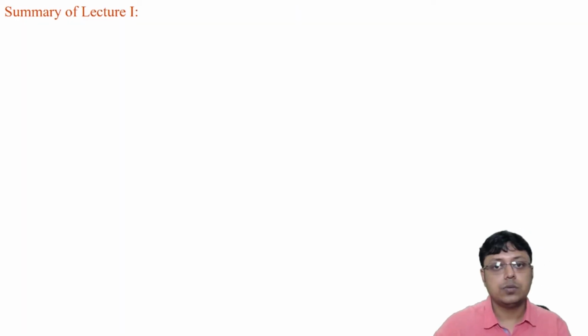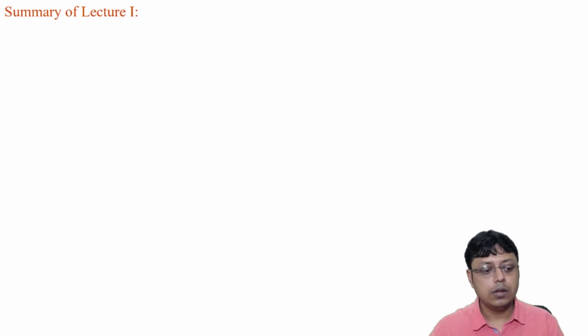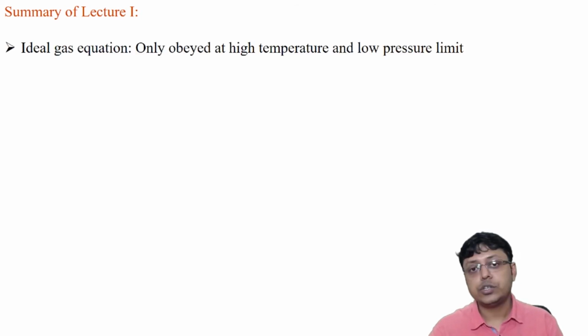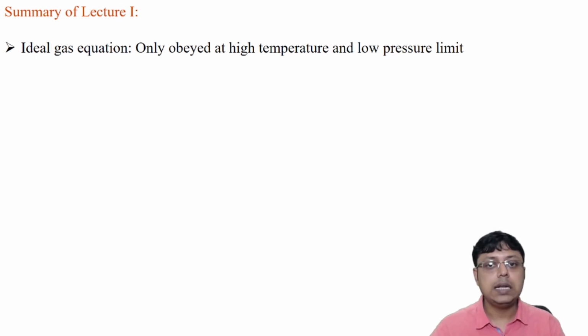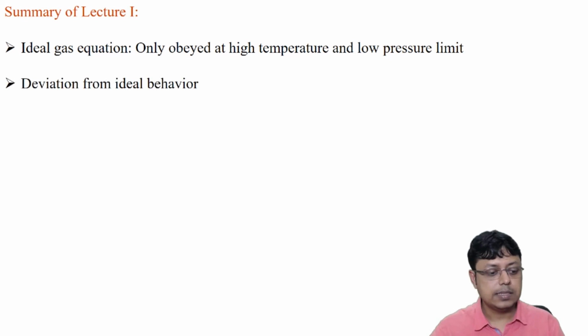So let me summarize what we discussed so far. We started with a discussion of the ideal gas equation. We showed that the ideal gas equation is only a hypothetical situation. However, real gases can obey the ideal gas situation only in limiting cases when the temperature is too high or the pressure is too low.